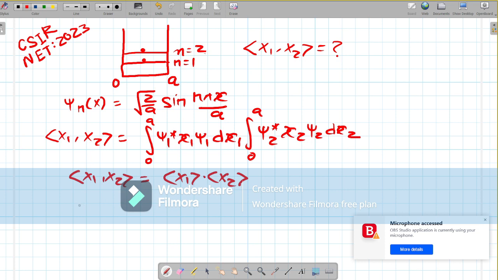As we know, if the potential width is asymmetric, then the expectation value of x1 in psi 1 is always equal to a by 2. And if the potential width is symmetric, then the expectation value of x1 in psi 1 is equal to 0.